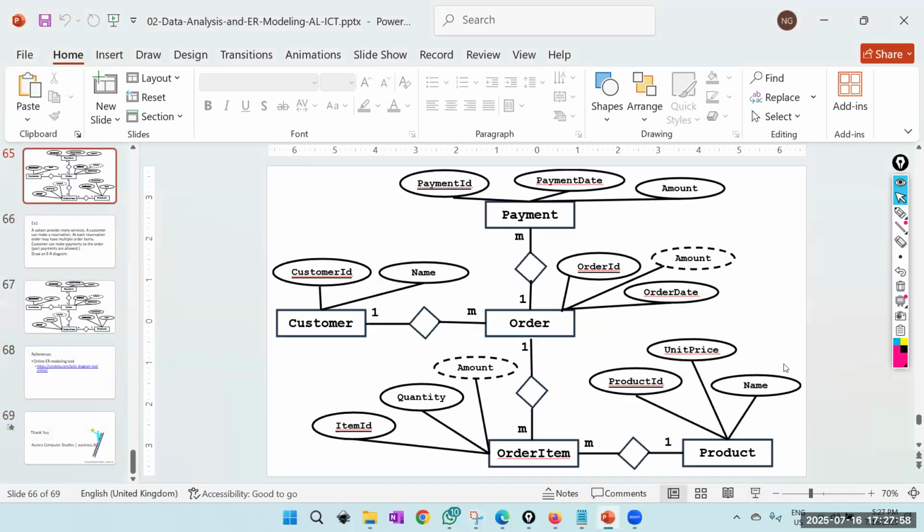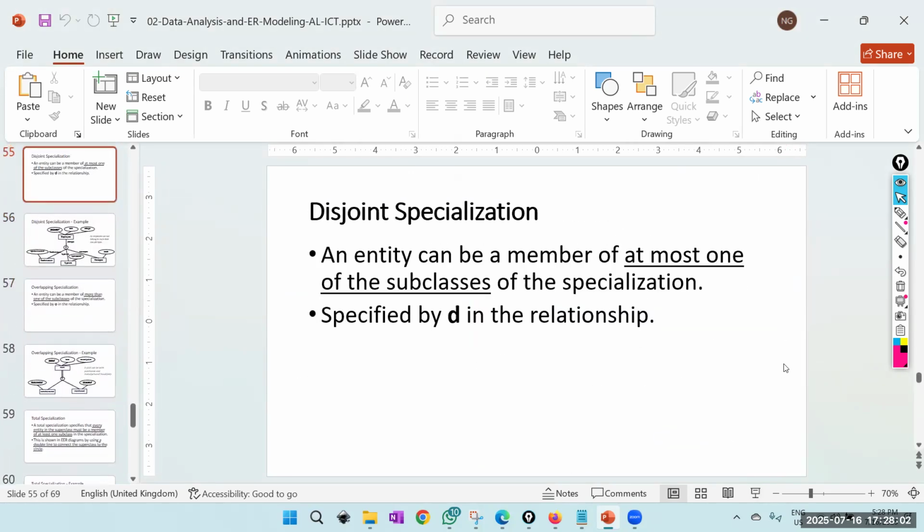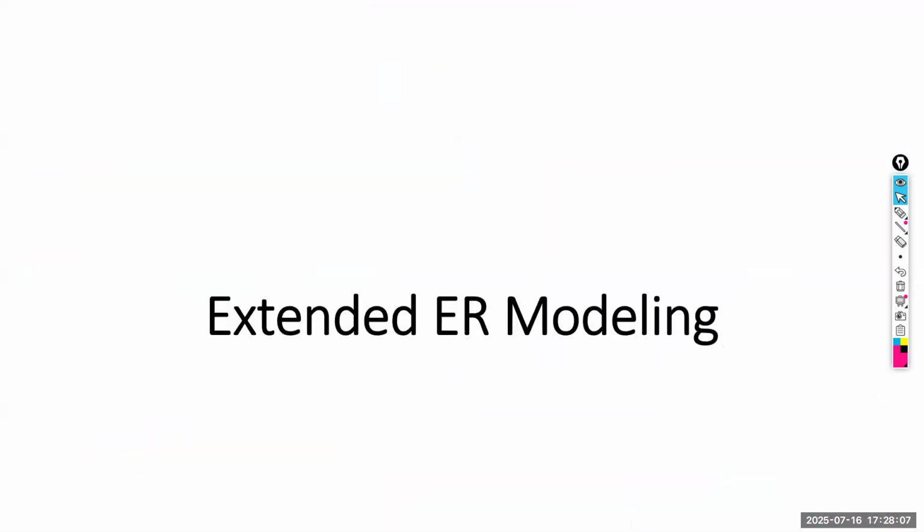Right, now we move on to the extended ER diagrams. Extended ER modeling. So this is also specifically mentioned in your syllabus, extended ER. What we did so far is ER modeling, entity relationship modeling, which is part of requirement analysis.